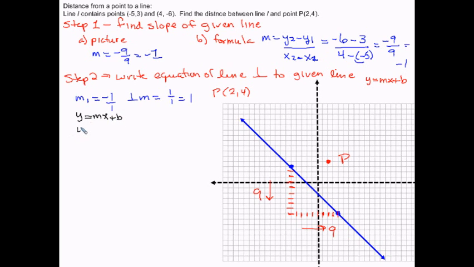My y is 4, my slope is 1, my x is 2. I need to find b. So 4 equals 2 plus b. Subtract 2 from both sides, and I get that 2 is equal to b. So my equation is y equals 1x plus 2, or just x plus 2. This is the line that's perpendicular.